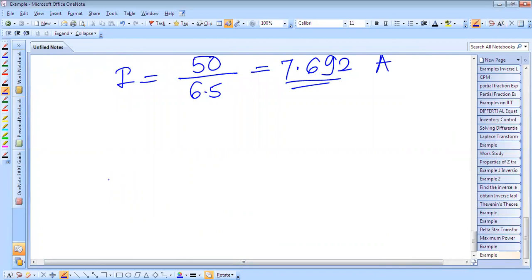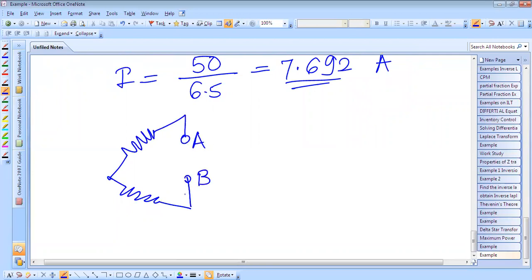The circuit is like this. This is A terminal, this is B terminal, and the current is flowing. This is current I1, which is flowing through the 1 ohm resistor. This is I4, which is flowing through the 4 ohm resistor. Now we have to find this VTH.